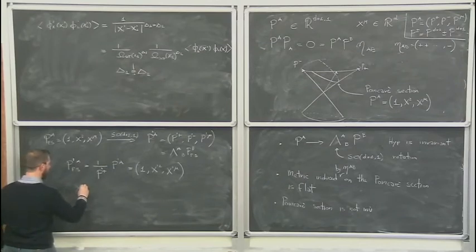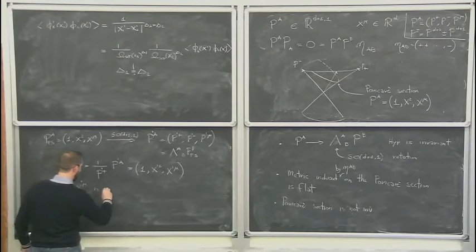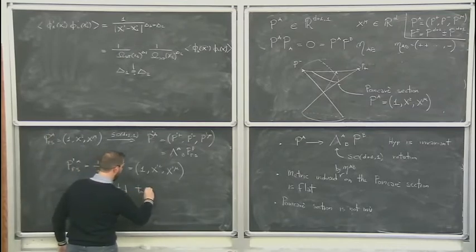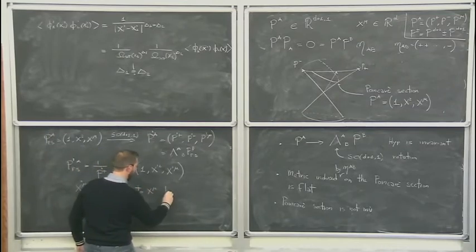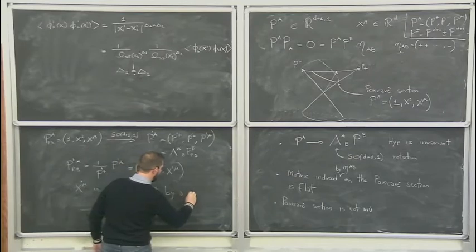So x mu prime is related to x mu by a conformal transformation.